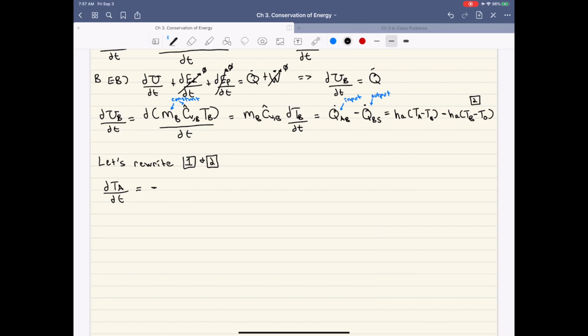So what we end up with on the right-hand side is negative HA over MA CVA times TA plus HA over MA CVA times TB. So once again, this is just equation 1.